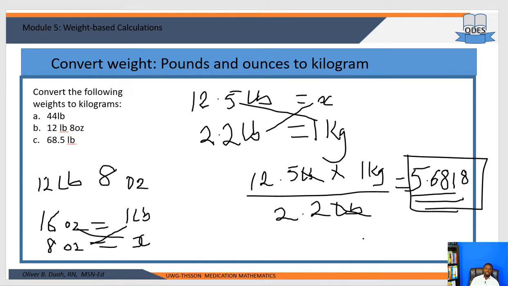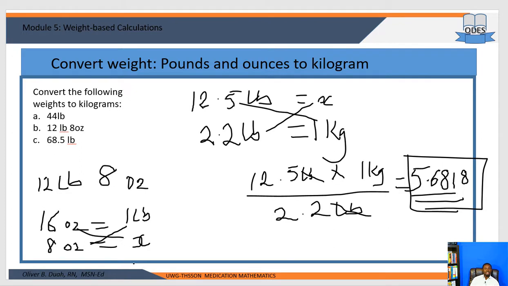But you will probably not have a calculator that has a memory when you are taking a quiz. And so make sure you leave your answer for the weight to at least 4 decimal places so that your calculation is not skewed. All right, so our final answer is 5.6818 kilograms. That is our final answer for B.